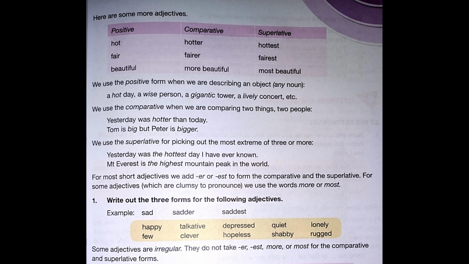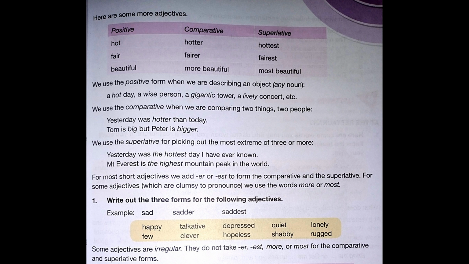We use the positive form when we are describing an object. A hot day, a wise person, a gigantic tower, a lively concert, etc. We use the comparative when we are comparing two things, two people. Yesterday was hotter than today. Tom is big, but Peter is bigger.